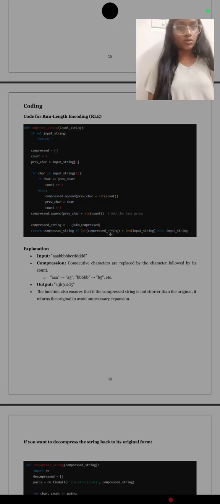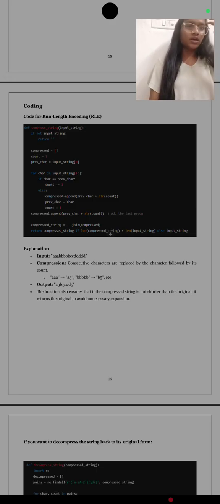Now let us look at the code. Code for run length encoding goes like this. We'll take a compressed string and an input string, and the code basically shows that when you give an input with a repetition of 2 or more alphabets or symbols, after the compression, consecutive characters are replaced by the character followed by its count. In the explanation, the input is triple A, 5 B's, 2 C's and 5 D's.